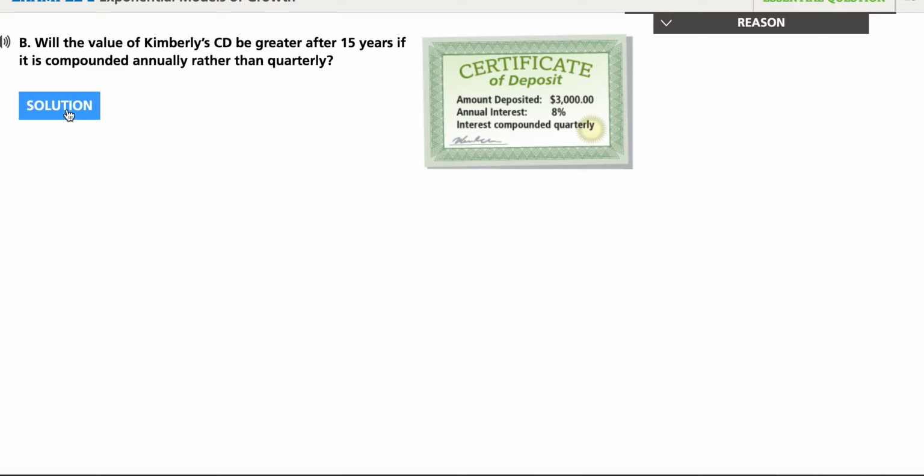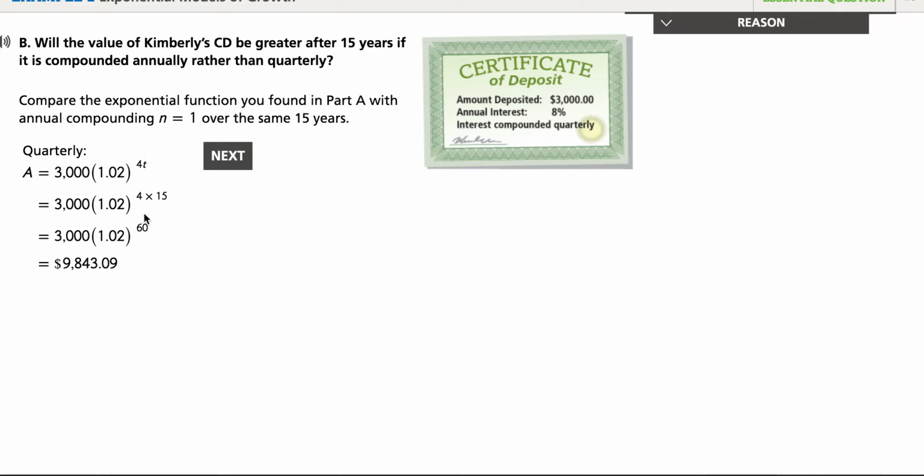Annually means per year. Compare the exponential function you found in part A with the annual compounding, n equals 1, over the same 15 years.